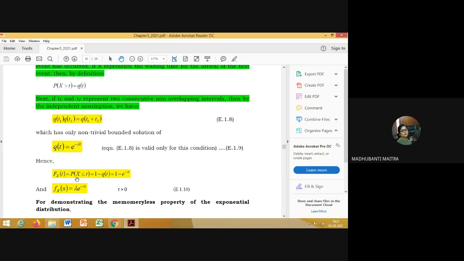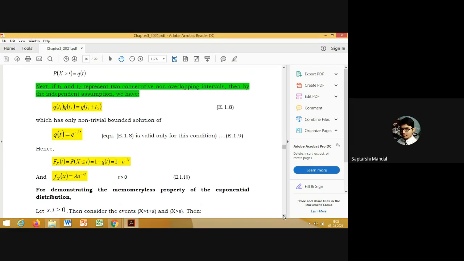So the distribution function will be equal to 1 minus e to the power minus lambda t. Do you agree?